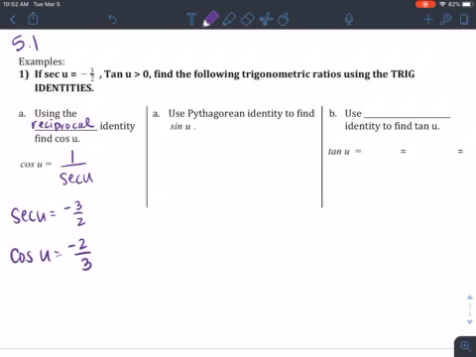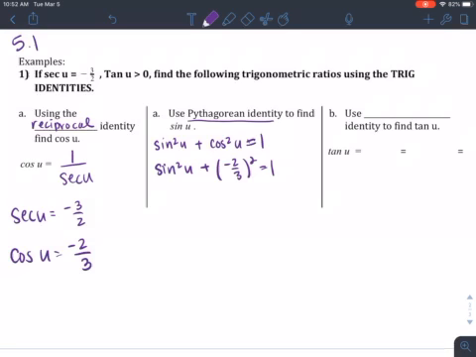Now we're going to figure out, using the Pythagorean identities, how to find the sine of u. I know that I have the cosine of u, so I'm going to do sine squared u plus cosine squared u is equal to 1. I'm trying to find sine squared, so we're going to put sine squared u plus negative 2 over 3 squared is equal to 1.